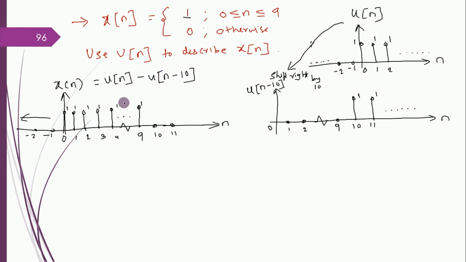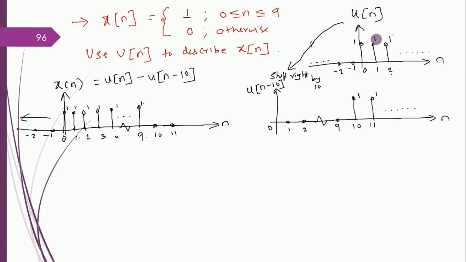What happens? u of n is 1 at 0, at 1, at 2, till 9, and continues to infinity. Minus u of n minus 10: from 0 to 9 it has 0 amplitude, so it will be unchanged, same as u of n.